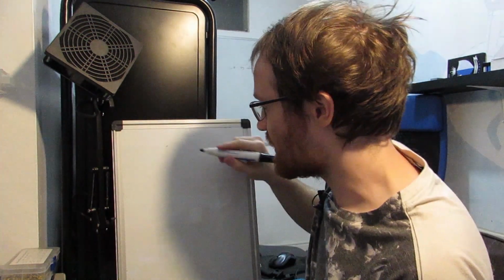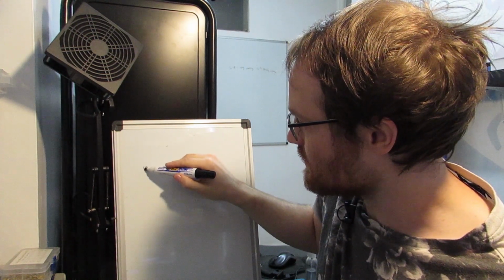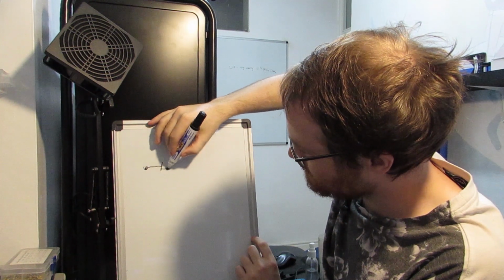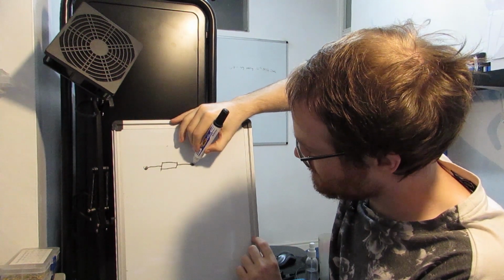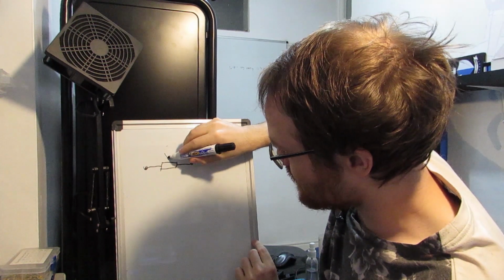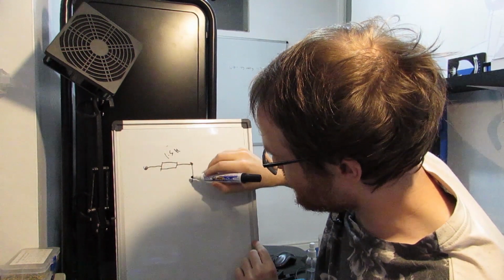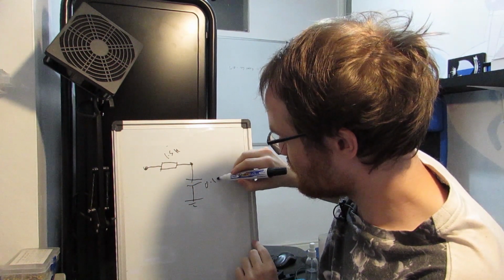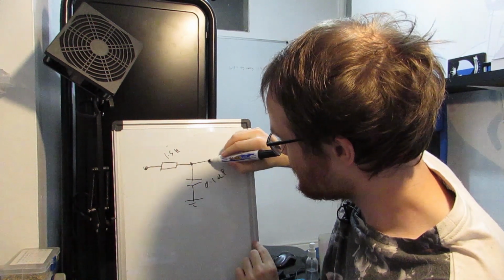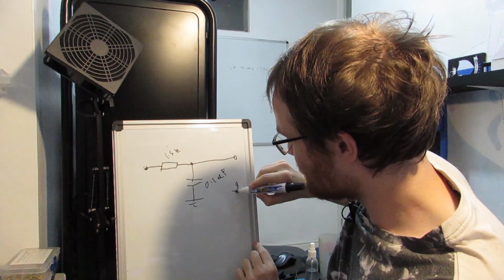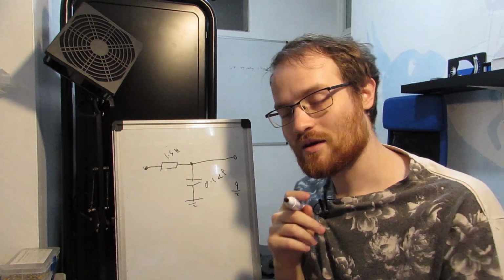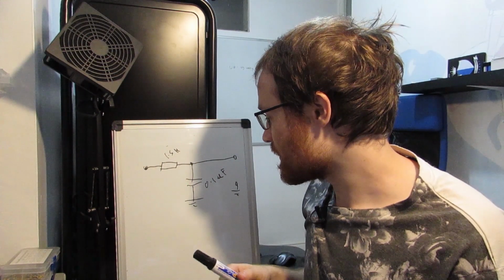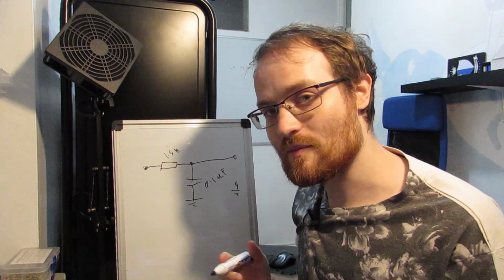This has told us that if we have our input signal here, and we have a resistor here, this is 1.5k, and a capacitor here down to ground, and this is 0.1 microfarads, that will get a signal out here that has been, all the high frequency information has been attenuated over about 1k.